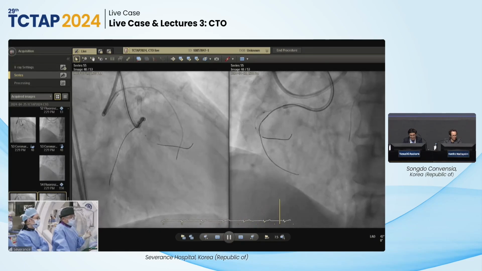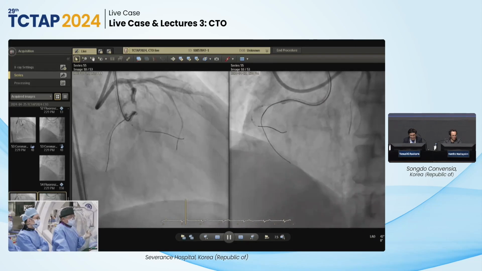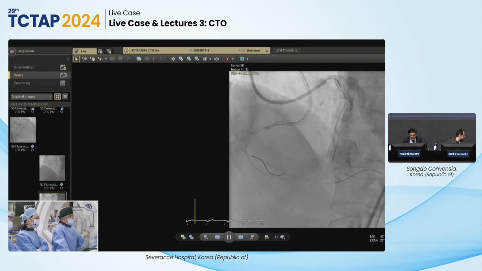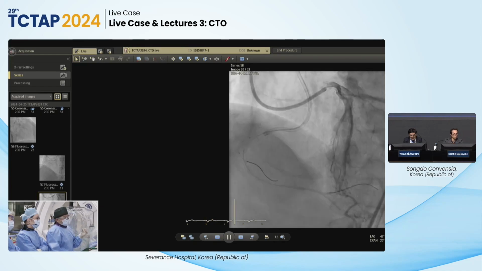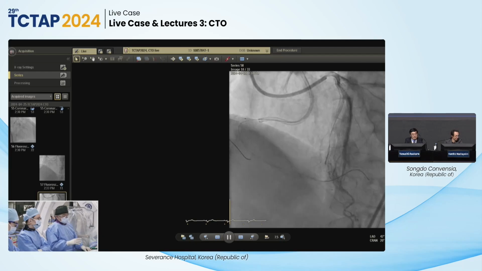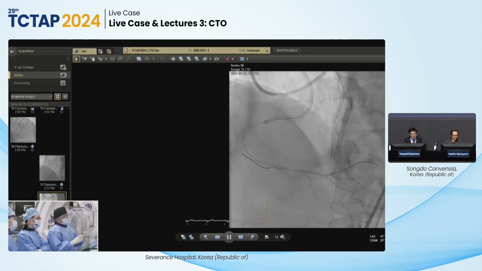Maybe the wire is in the true lumen. Next one. And then we changed the wire to a conventional wire. This is the status of our procedure.